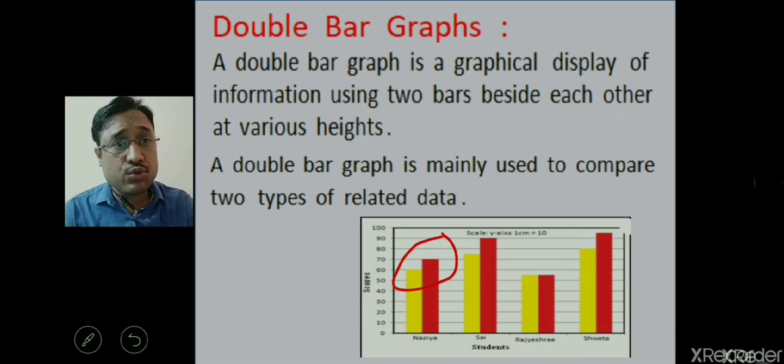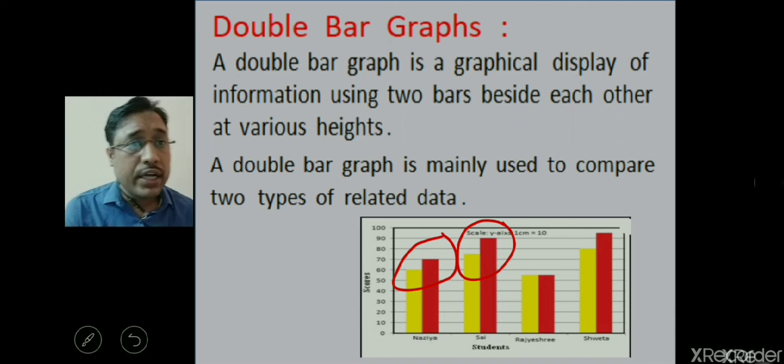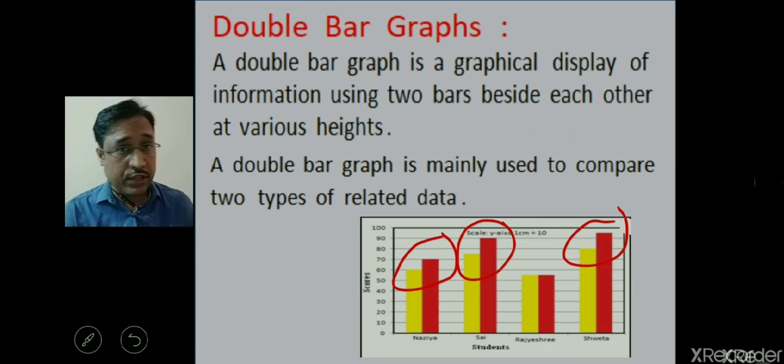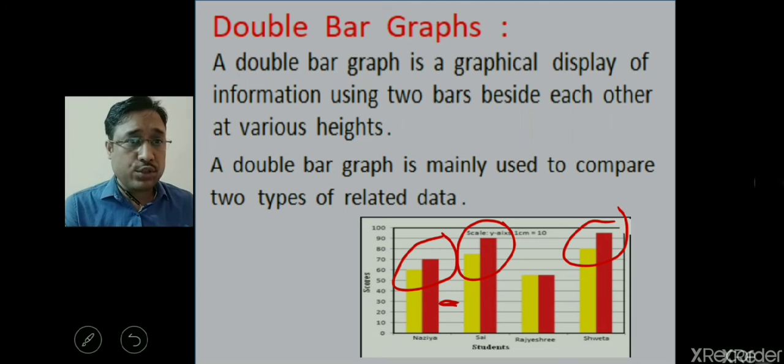Next, these two marks are related data to Sai, and this is the related data to Shweta. Maybe the yellow one is showing the first subject and the red one is showing the second subject. I have just given this as an example only. And there must be an equal gap between the two pairs of double bars.